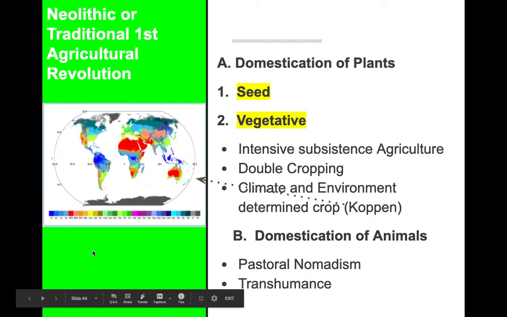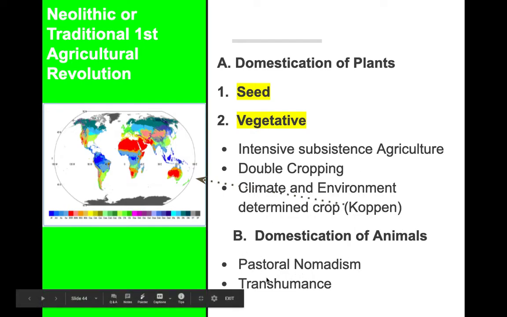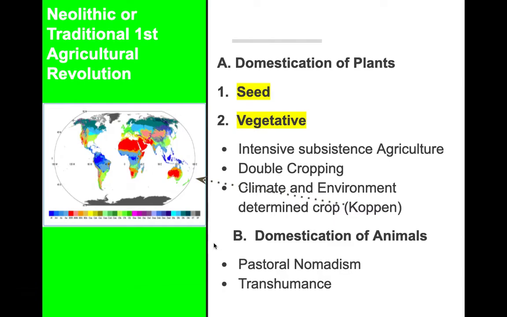Then we see domestication of animals with pastoral nomadism, using transhumance, moving livestock, cattle, or goats, or sheep up to higher elevations when it's hot. When it cools down, they would then go to the lower pastures that are abundant with arable land and vegetation.